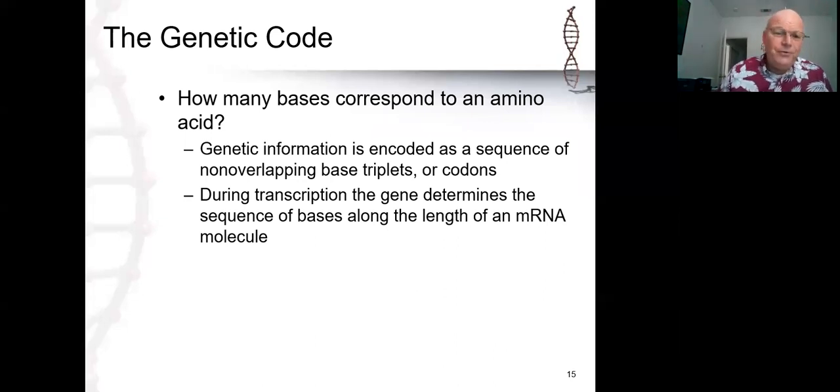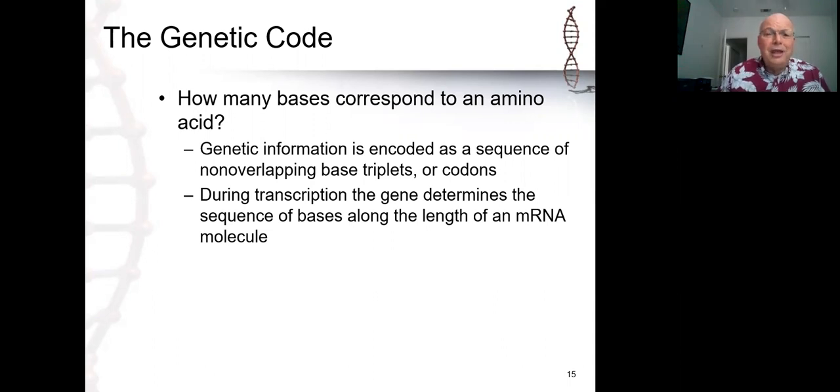Why was that easy to figure out? Because all they needed to do was to make a polynucleotide of U's, a poly-U messenger RNA, and then provide all the necessary machinery, all the amino acids and everything that was required for translation, basically an extract from E. coli that contained everything necessary to do translation, and then provide the poly-U messenger RNA and see what was produced.